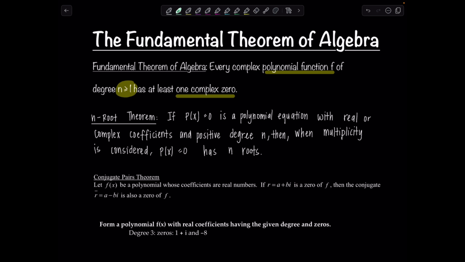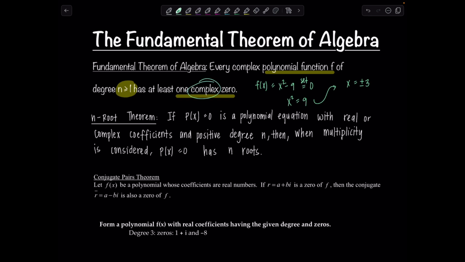So let's think back. Say you had some polynomial f of x, which equals x squared minus 9. If you were to set this equal to 0, you want to find its zeros. We could do this pretty easily. x squared would equal 9, and then we get x equals plus or minus 3. So we actually have two zeros. They're real, but that still makes them complex.